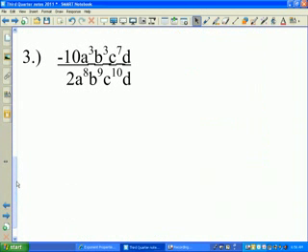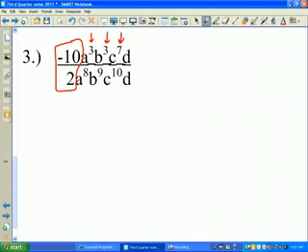Okay, so what I've noticed when we were doing this, a lot of people said, okay, I have negative 10 divided by 2. That means I got to subtract this, so I should get a negative 12. No. The only thing that you're subtracting are the exponents. These whole numbers right here, you're still dividing those. Either you're dividing them or you're simplifying them, almost like fractions, okay?